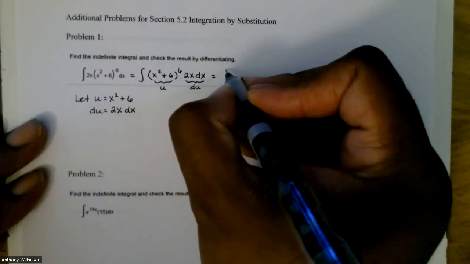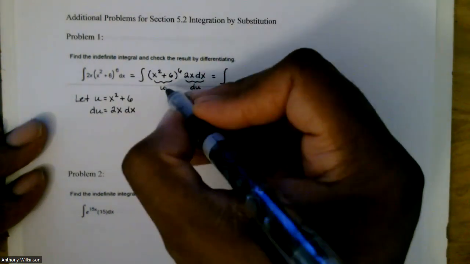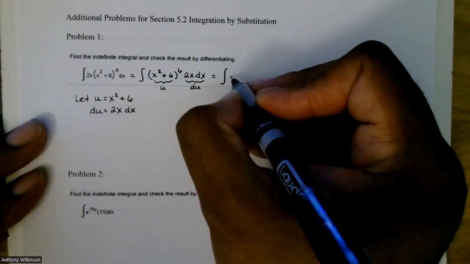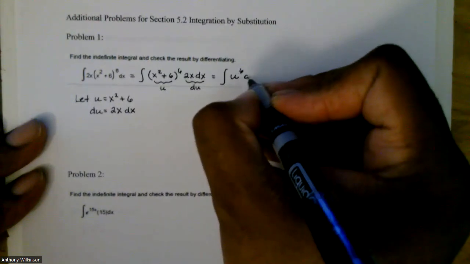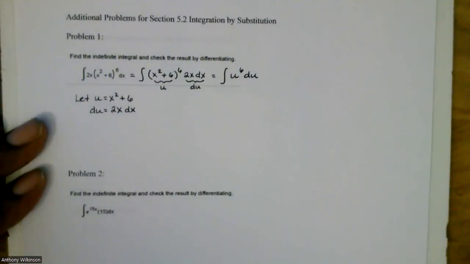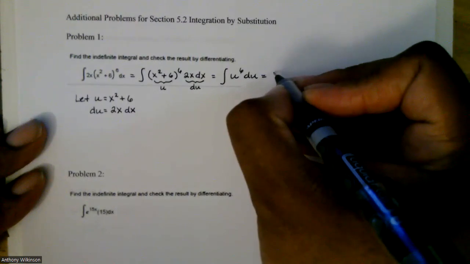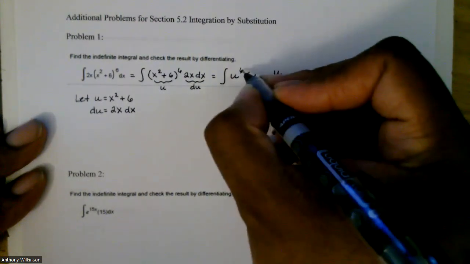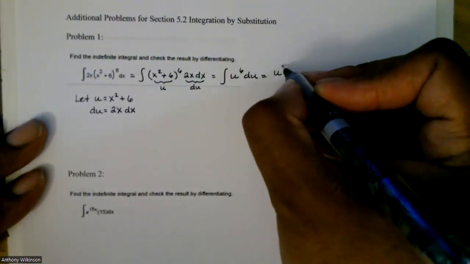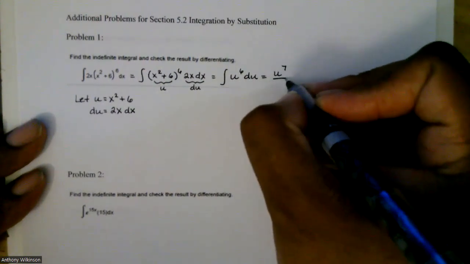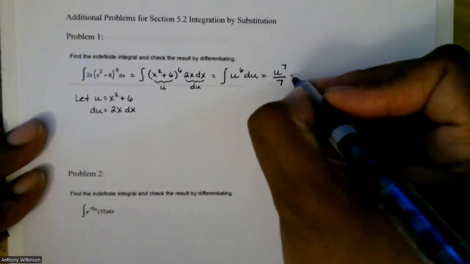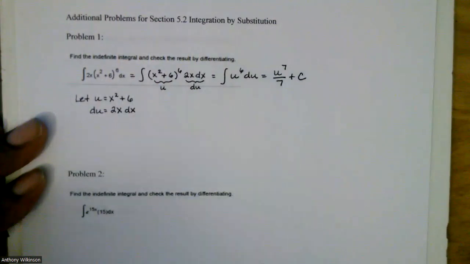So now when we use the substitution, we have the integral of u raised to the 6th times du. And then we can integrate u to the 6th du by increasing the power by 1. So bring over the u, increase the 6 by 1. It'll be u to the 7th divided by the new exponent of 7, plus c.